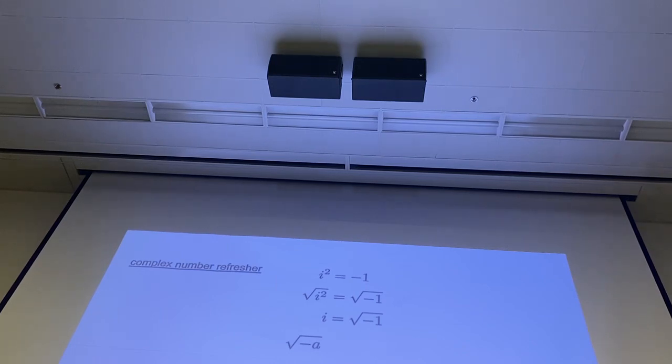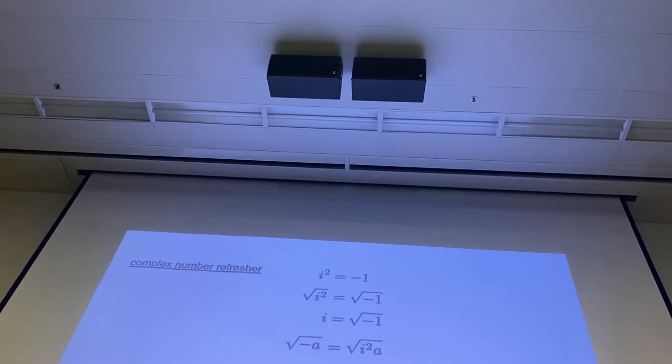So let's say I have a number. a is a positive number, okay, and then there's a negative sign in front of it. So the whole thing, -a, is definitely something negative. So if I take the square root of that, how can I solve that problem? Well, since I know that -1 can be written as i squared, I can write this thing as the square root of i squared times a.